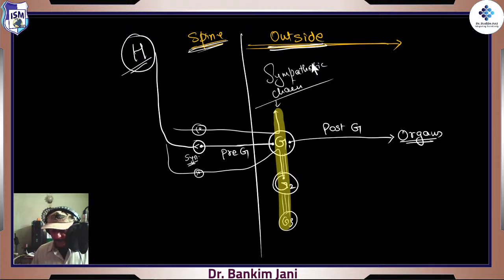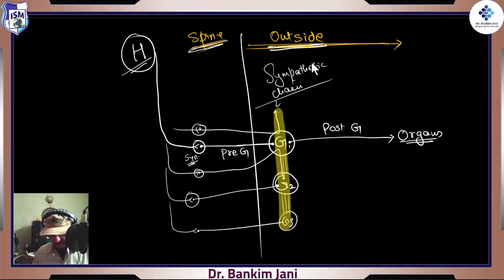Good. So yes, there would be few fibers which will be terminating over here also, direct, straight away. But then few go up, few go down. So that's how the entire chain is formed.